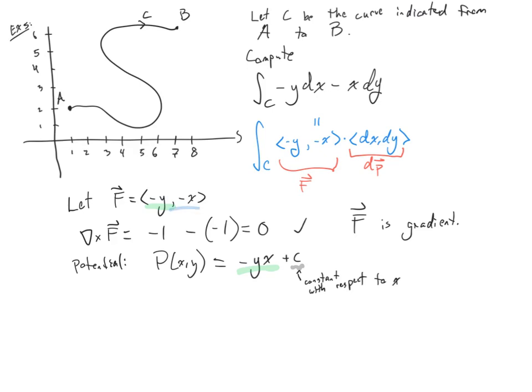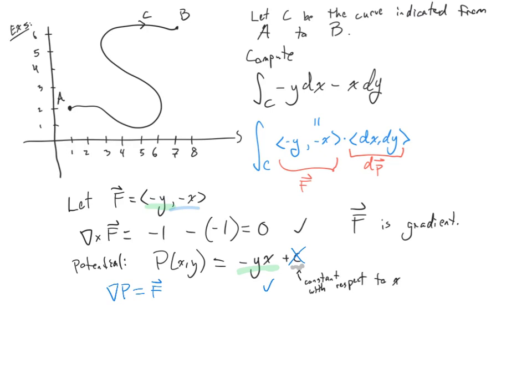So I'm already good. So I'm going to just let this be 0 and let this be my potential function. And it does, just by checking out, gradient of P equals F. So I'm already kind of set up, right?